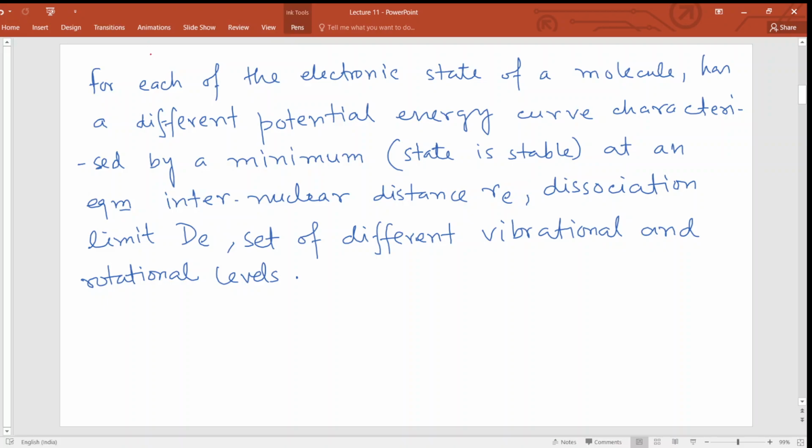Whenever we talk about a particular electronic state of a molecule, there is a potential energy curve, and the stable configuration has to be at the minimum of that curve. That means there is a certain internuclear distance Re at which the minimum occurs, and other quantities like the dissociation limit and the set of vibrational and rotational levels also come into the picture.